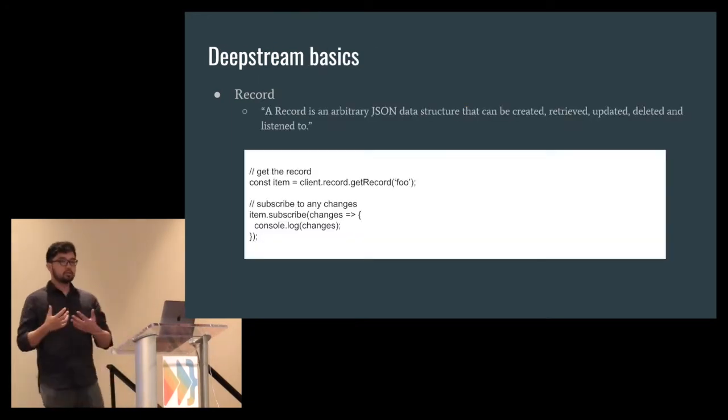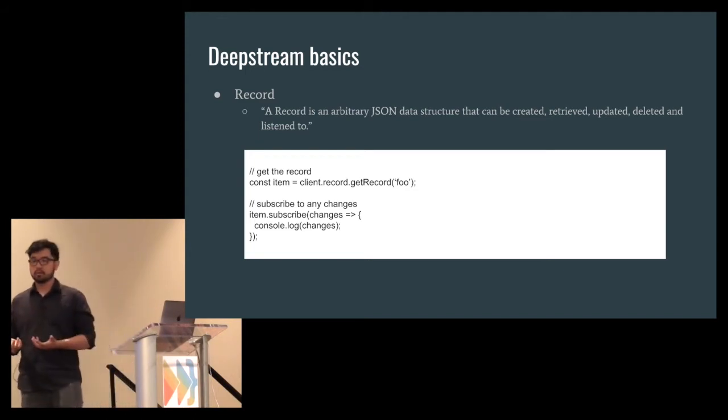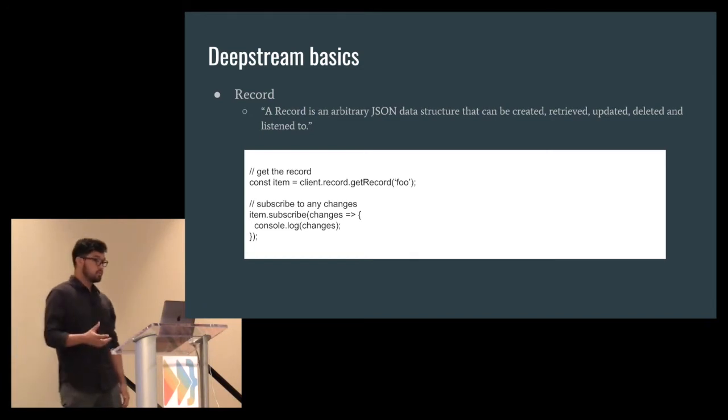So to get into the Deepstream basics, everything is in records. A record is a JSON object that holds data, right? So it's kind of like MongoDB and those types of databases. It's really simple to use.